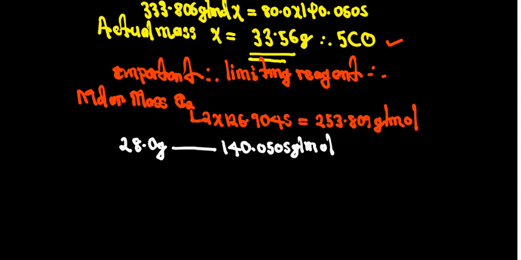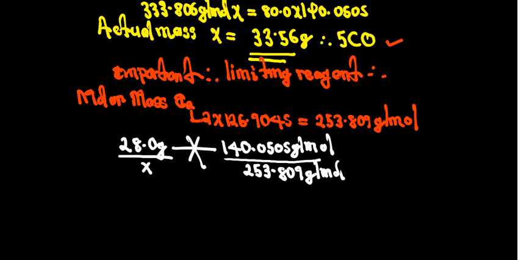So we're trying to find out the actual mass that was produced in this chemical reaction, the actual mass of the iodine that was produced in this chemical reaction. And what we have here, we've got 253.809 grams per mole as the molar mass of iodine. And boom, we can now cross multiply here, and then to find out the value of x, and then we'll find out that the mass of the iodine that was produced in this chemical reaction was 50.74 grams.